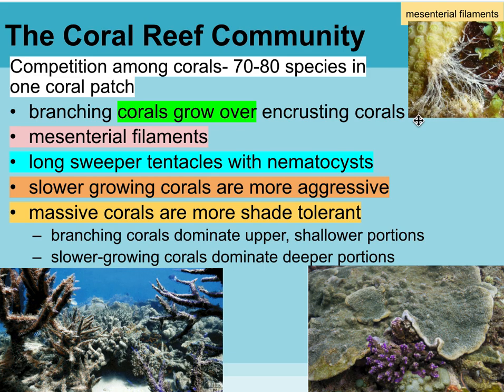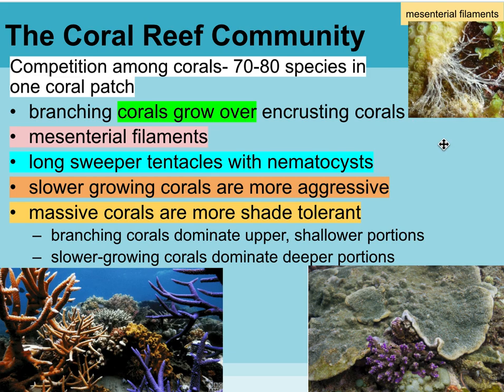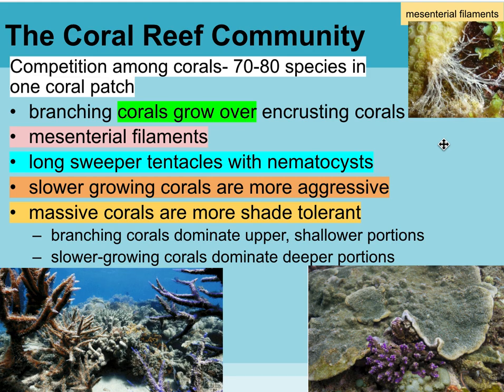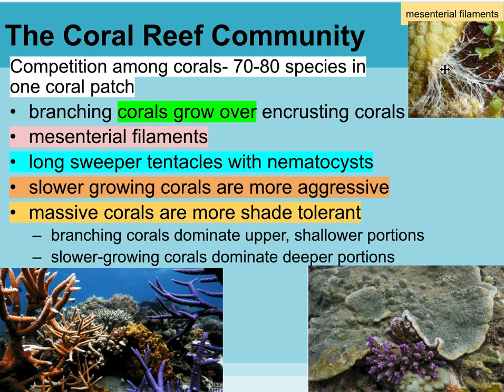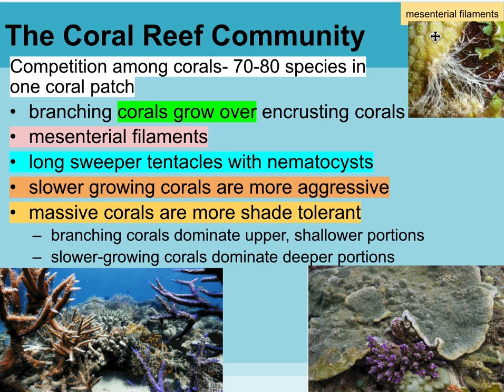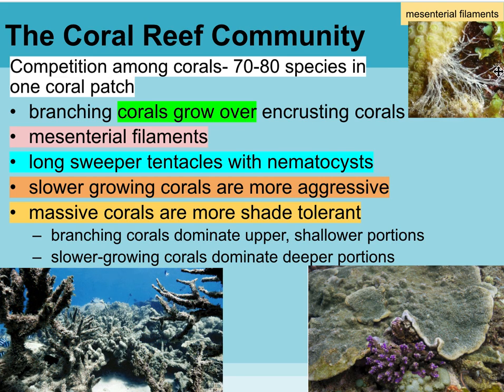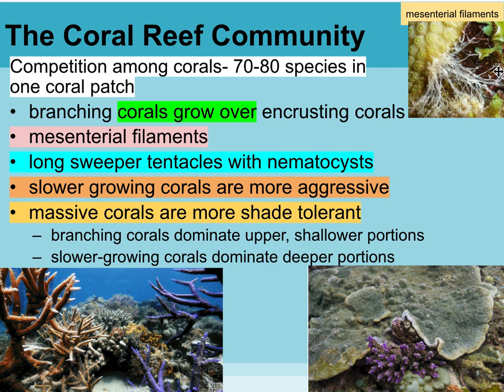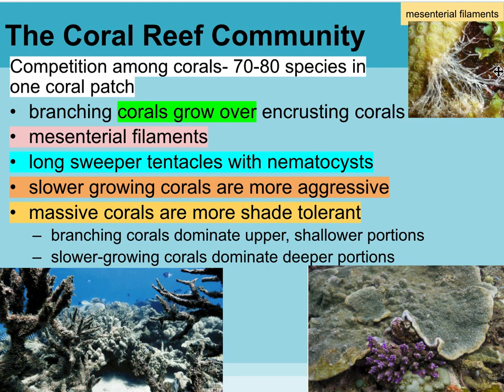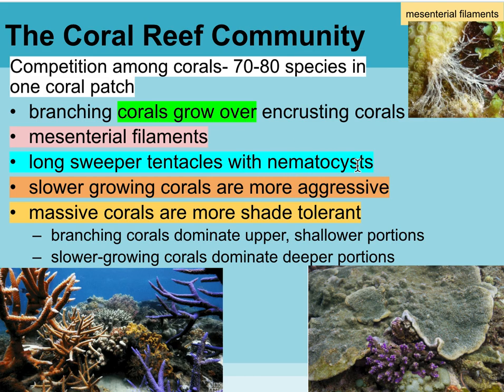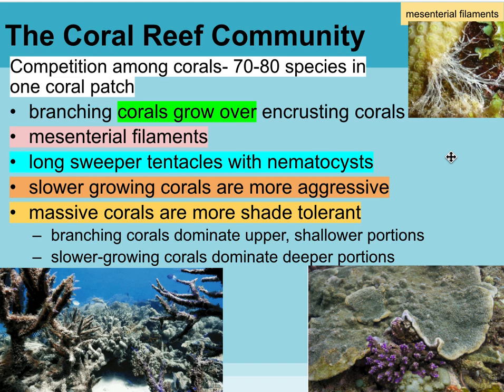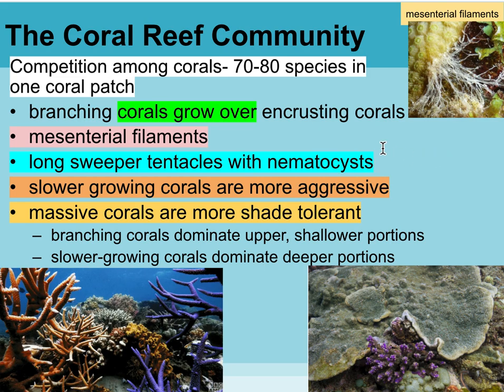They'll put out these mesenterial type of filaments where they have stinging cells on their edge, where they're like, okay, here's my edge, don't come near me. So I'm going to put out these stinging cells. So if you try to come here, I'll actually digest you. Some of them have longer sweeper tentacles with stinging cells on the end to swing around to stop others growing.